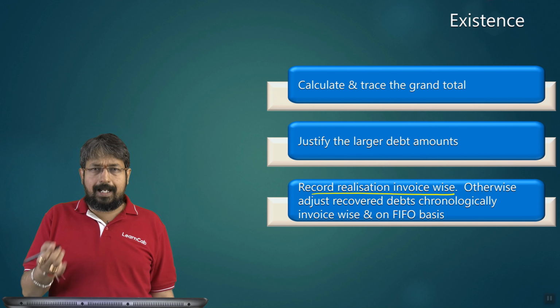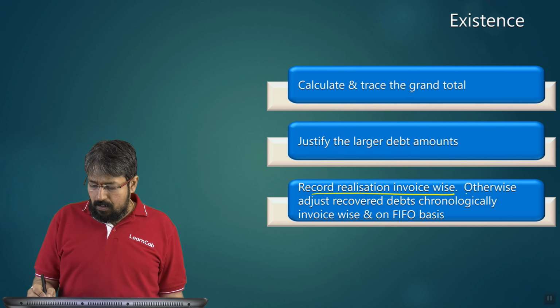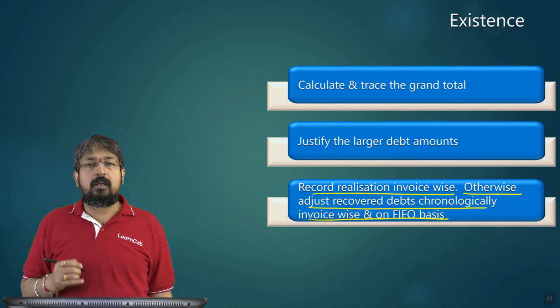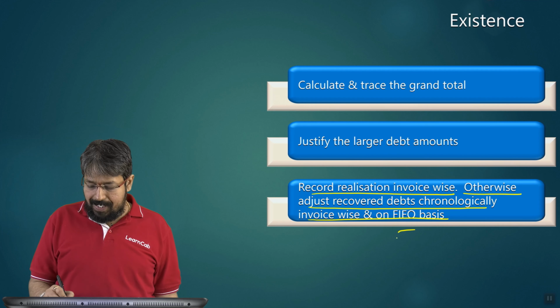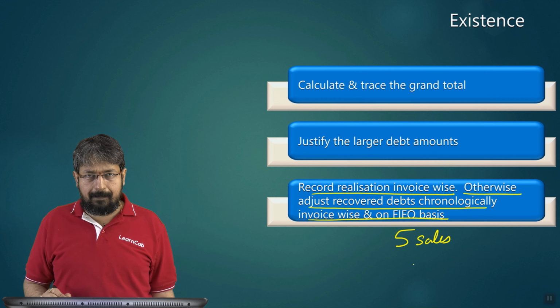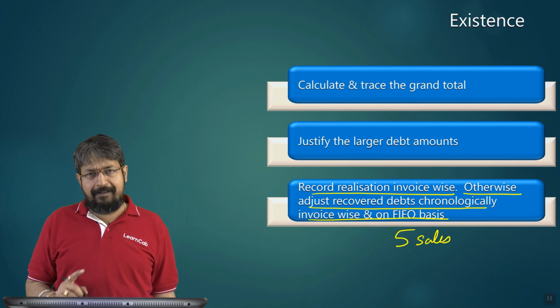Whatever realization happens, ensure that it is recorded invoice wise, or otherwise adjust the recovered debt chronologically, invoice wise, on a FIFO basis. Suppose there are 5 sales made by the company. If the customer makes payment invoice wise, well and good, we are very happy with that.